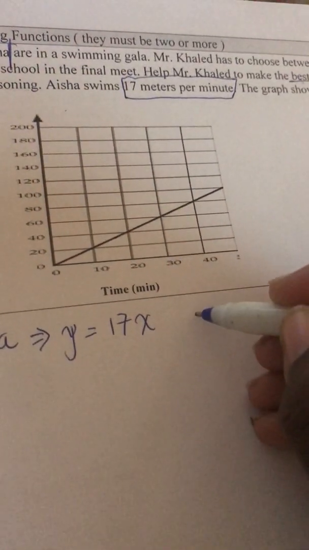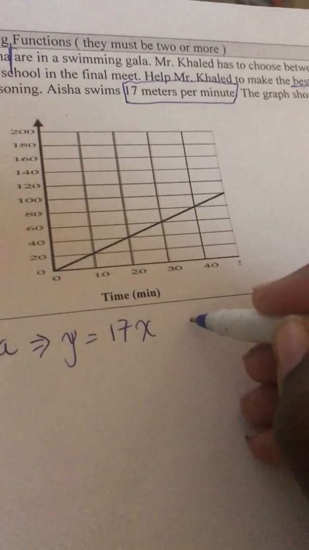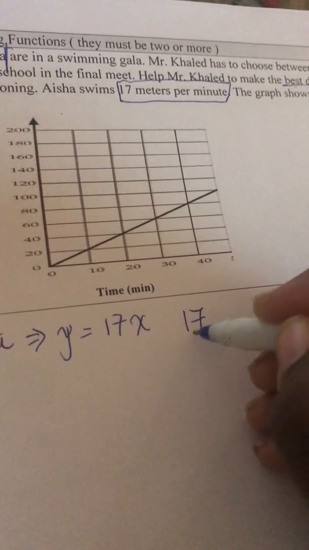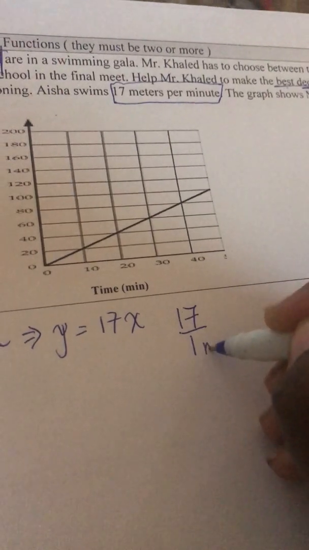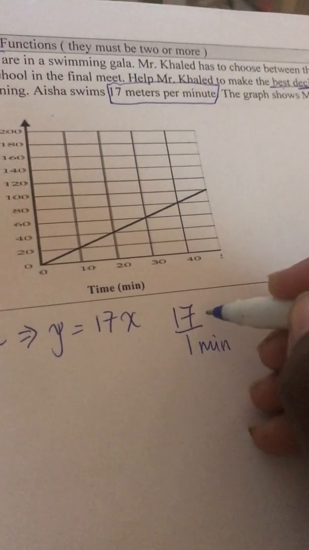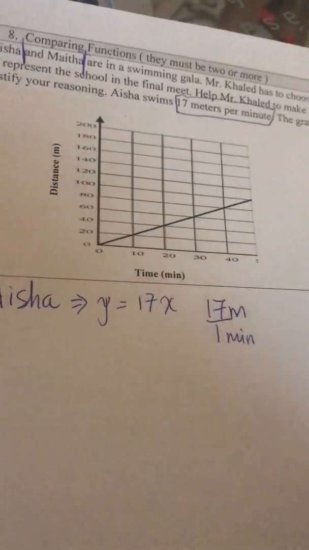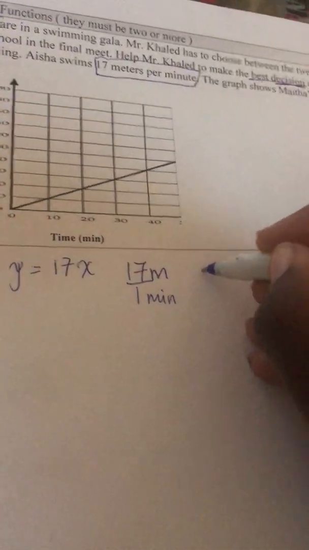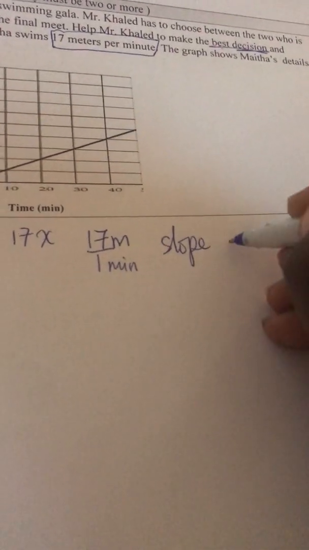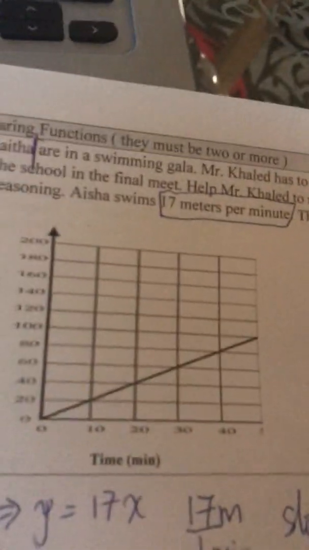So that means Aisha's slope is 17 over 1. So 1 minute, 17 meters. Okay? This is Aisha's information. So Aisha's slope is 17.